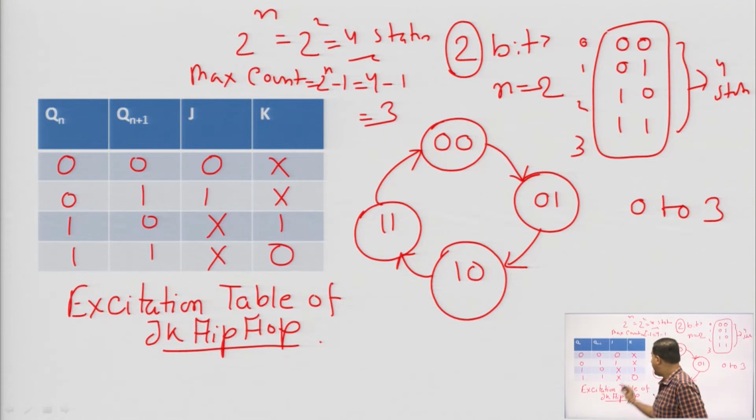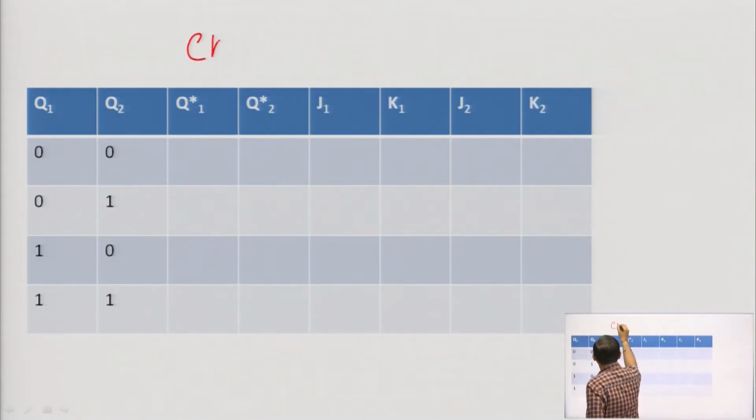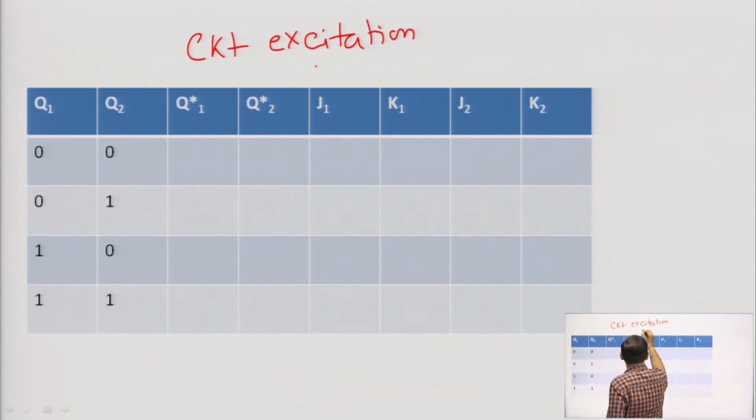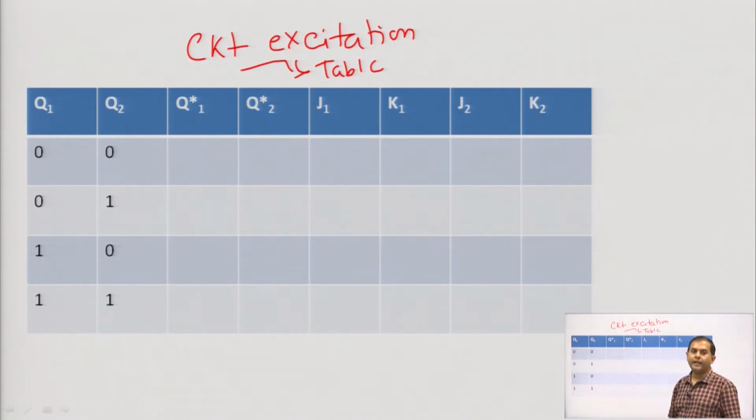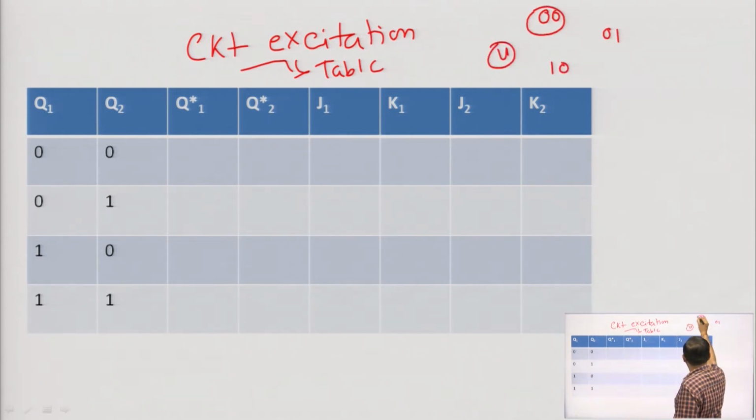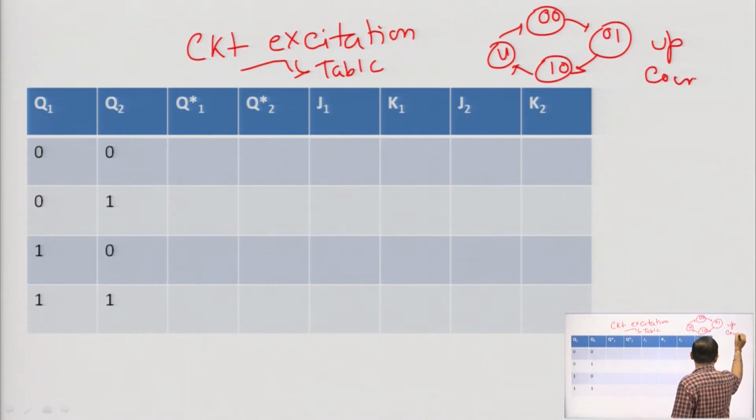This is done by using the state diagram. So, again I can draw the state diagram: 00, 01, 10, 11, this is an up counter. Up counting is done, right?